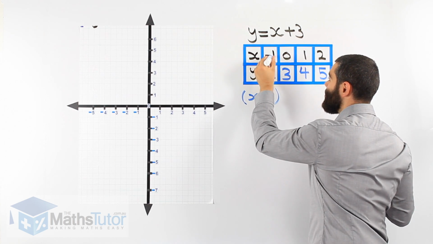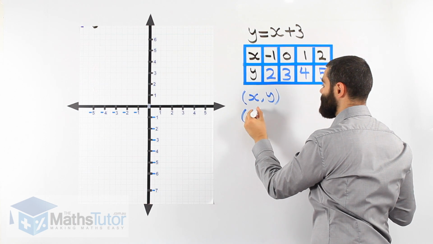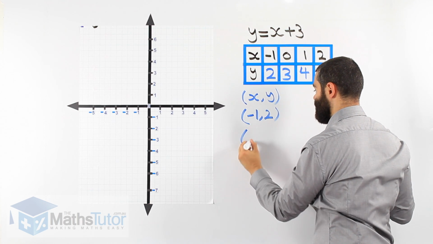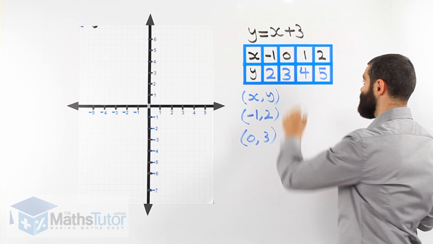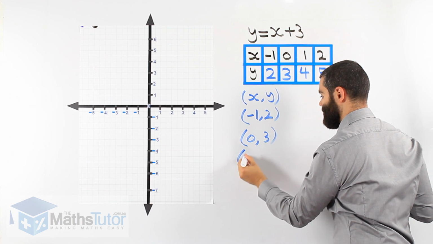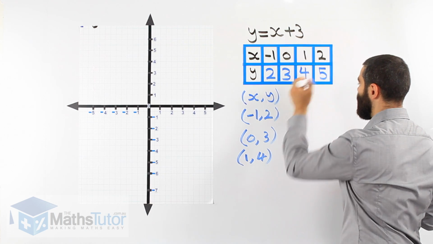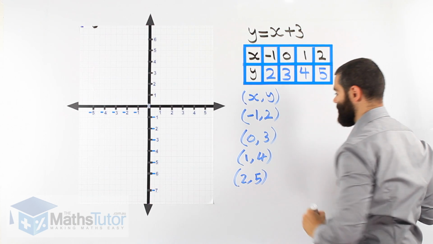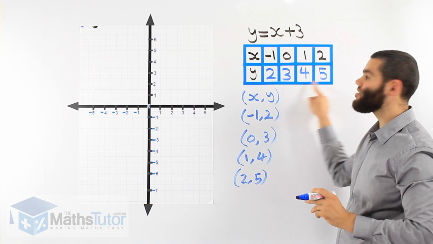So we're going to write like this: -1 and 2, 0 and 3, 1 and 4, and 2 and 5.